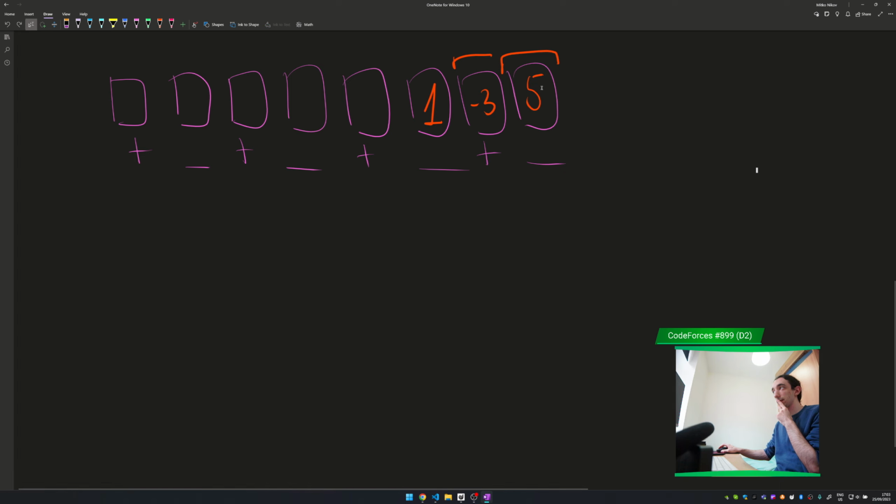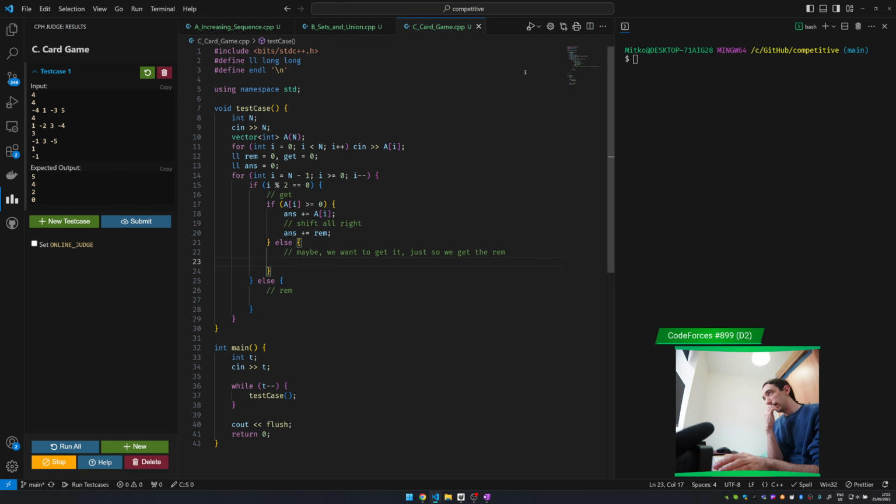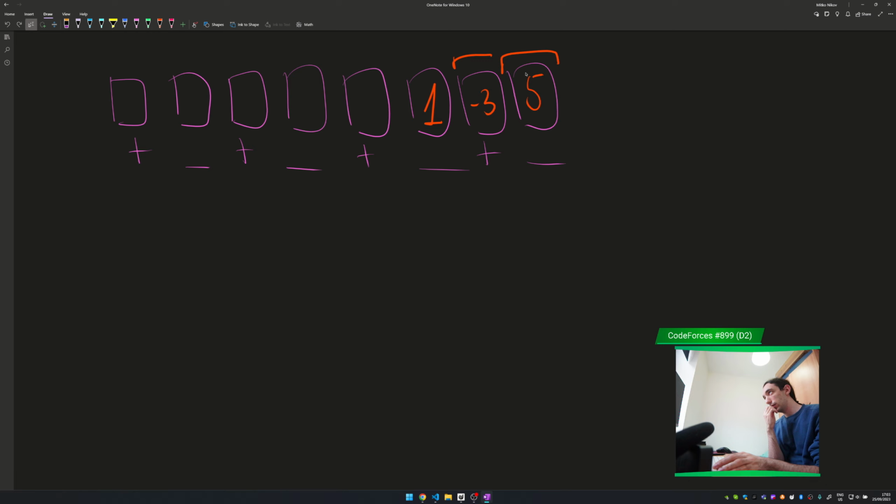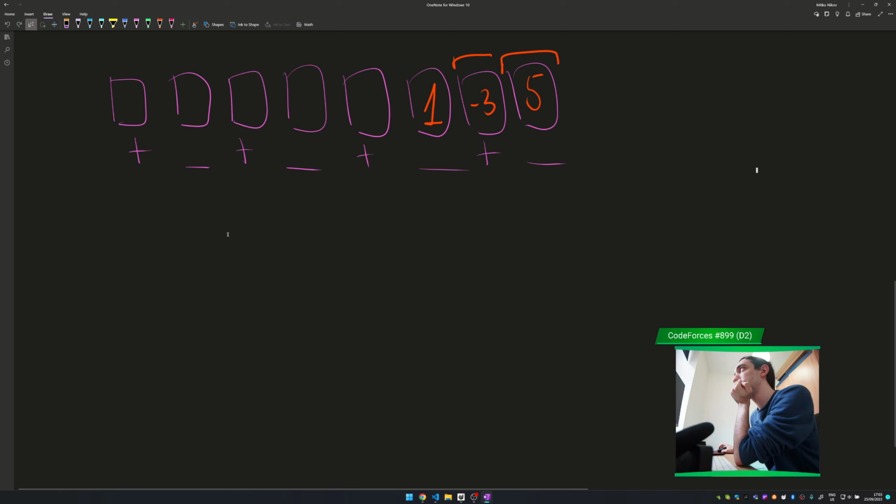And the other state is where... No. Wait. Maybe we want to get it just so we get the remaining. So if I get this, the remaining here will also get gotten. So, right.